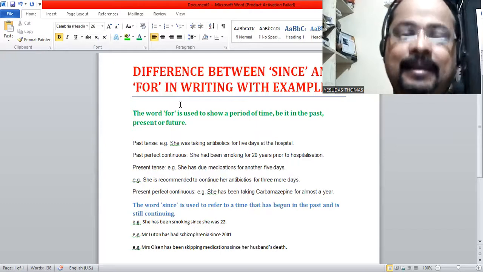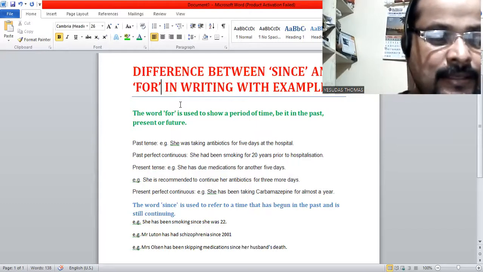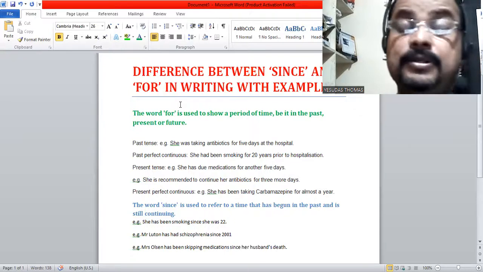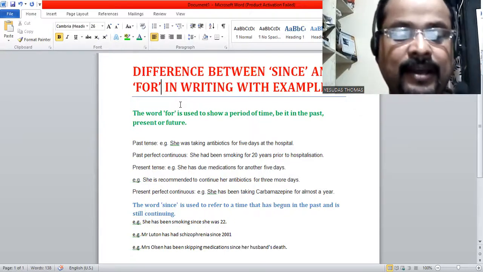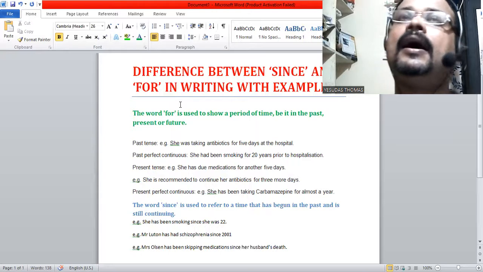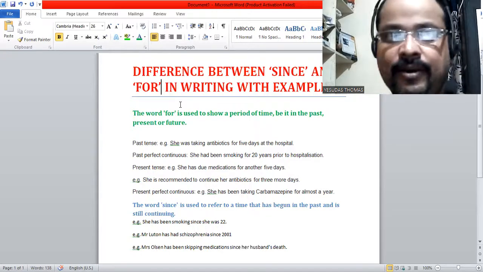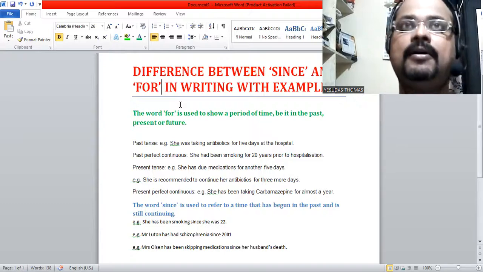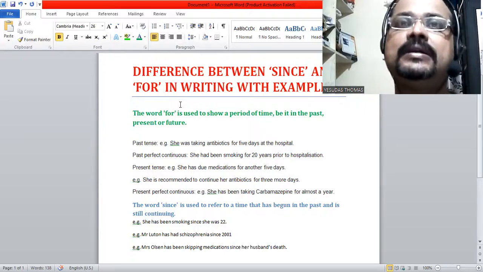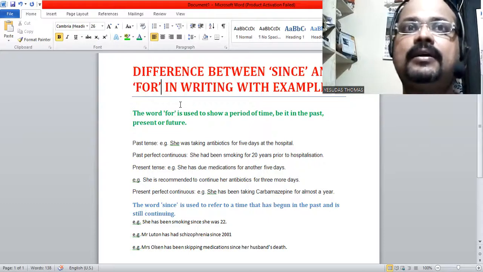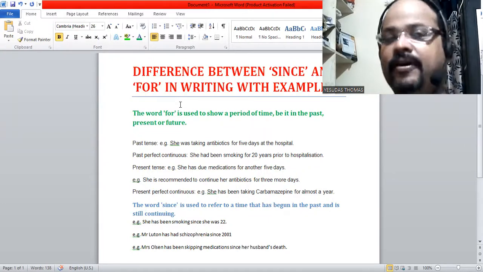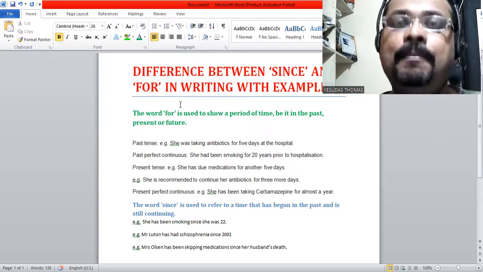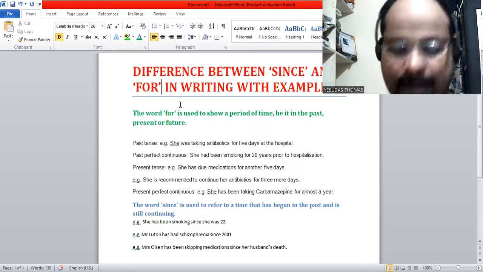Several times I've told them the way we have to use it, but still many of them have confusion, because if you don't practice with the right examples, in the correct tense, it may go wrong. So I think it's better to learn the usage of since and for with situations, and that will help students to learn it better.